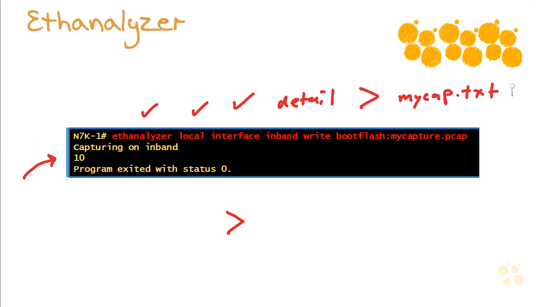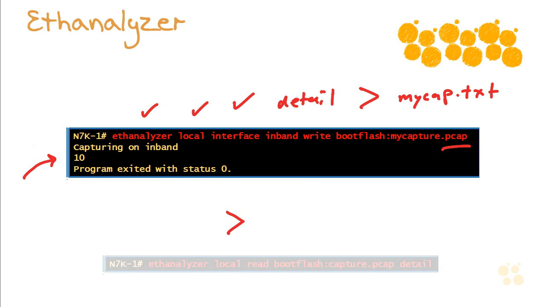So, sure, there are alternatives, but exporting and writing into a PCAP format is going to ensure that we can pull up Wireshark, or for that matter, some other network analyzer, and interpret your results.